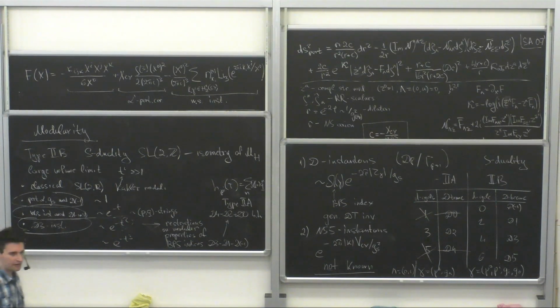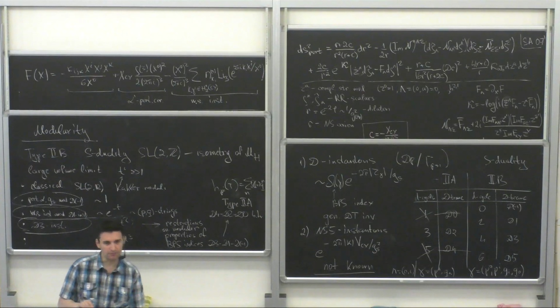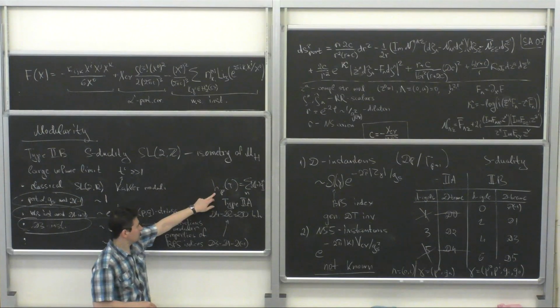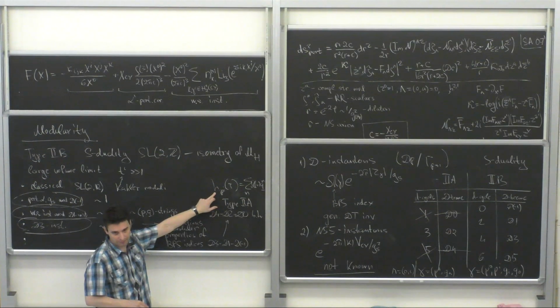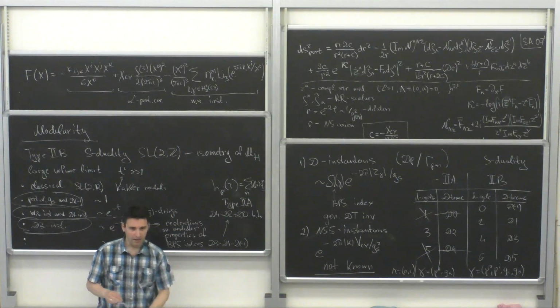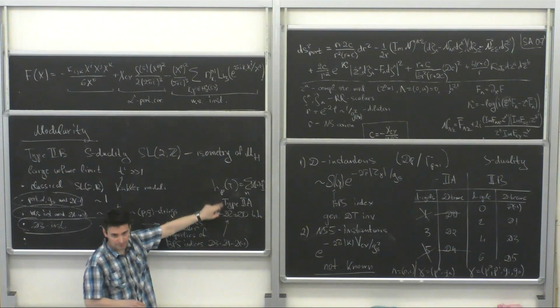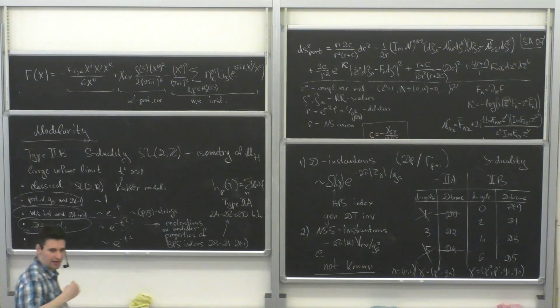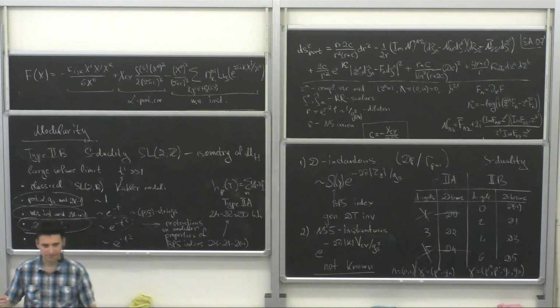So if this cycle is irreducible, so it cannot be decomposed as a sum of other cycles, then this turns out to be a modular function. And if it is reducible, it turns out to be mock modular.